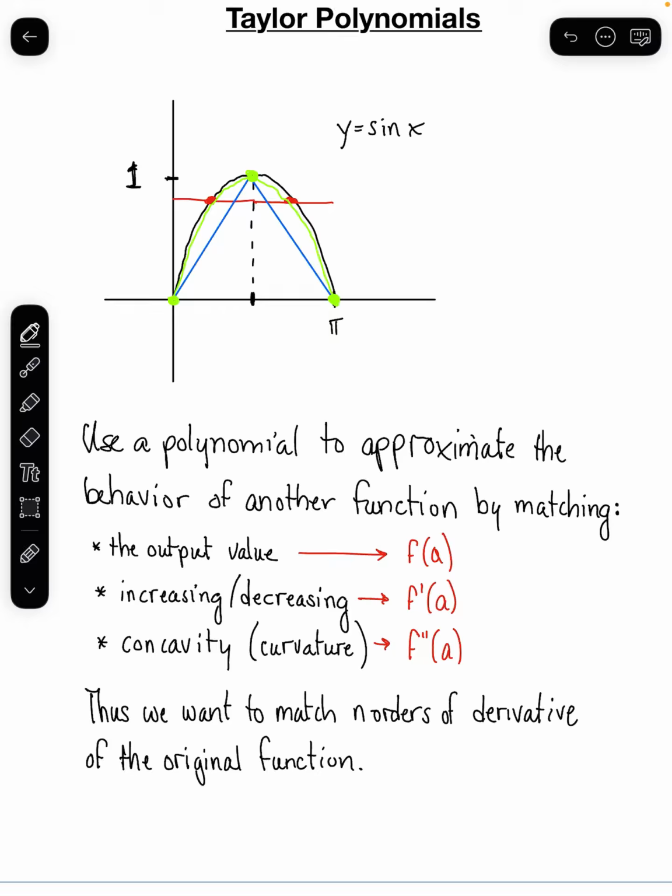We can take this as far as we wish. We can only match the output value. We can match the output value and the first derivative. We can match the output value, first derivative, and second derivative. We can go as far as we choose to with this. The further we go, the better our approximation of the function will be. And the wider the interval, it will be reasonable to use that approximation on.